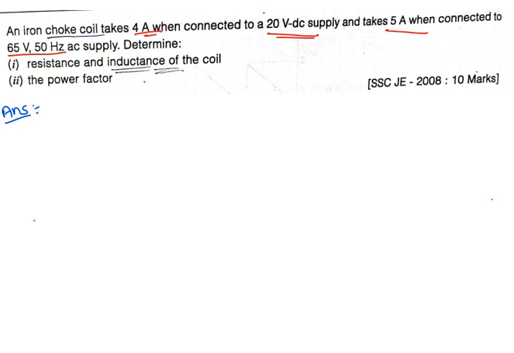For the given question, the diagram will be like this. The iron choke coil is the combination of resistance and inductance components.